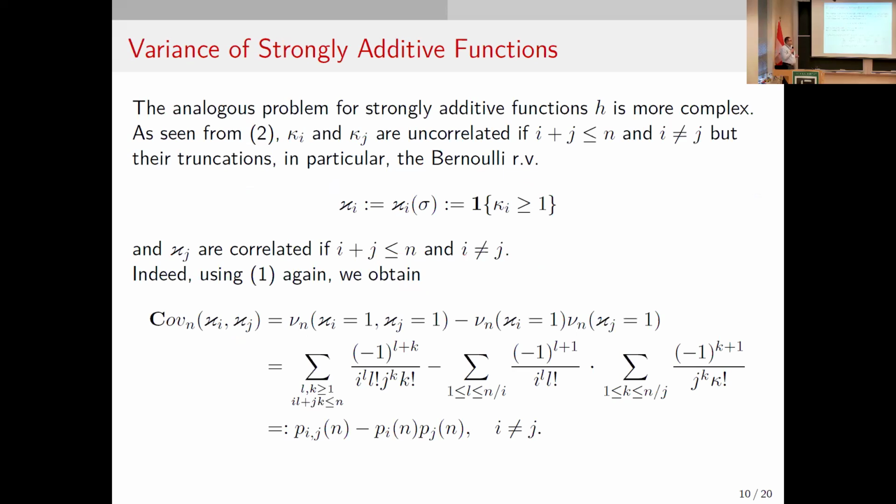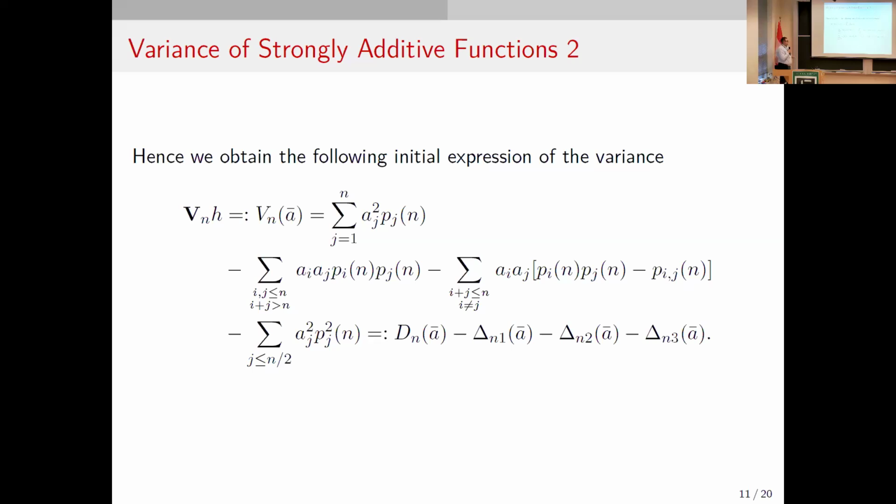You can see that from the fact that the covariances of the truncated values of a random structural vector are correlated for the places where previously, for completely additive functions, they were not, and the covariance expression becomes much more complex. For variance, it is the same.